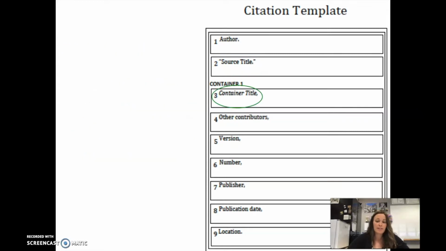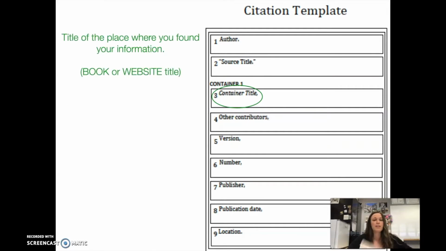The container title always causes quite a bit of confusion, but a container title is the title of the place where you found your information. So if you found a short story within a book, then the book would be the container. If you found an article on a website, then the website is the container. So it's the place that you found your information. This goes in italics.